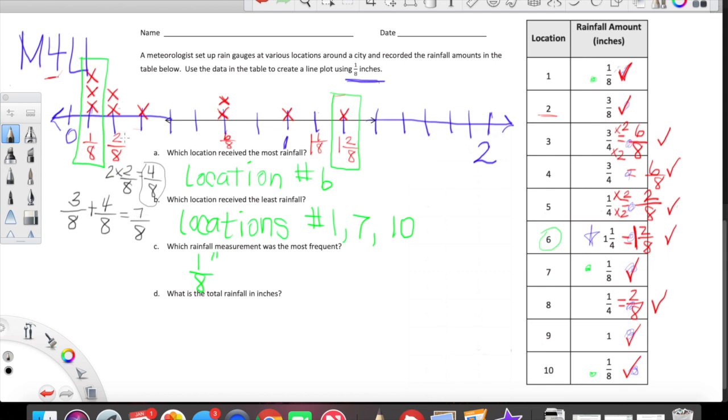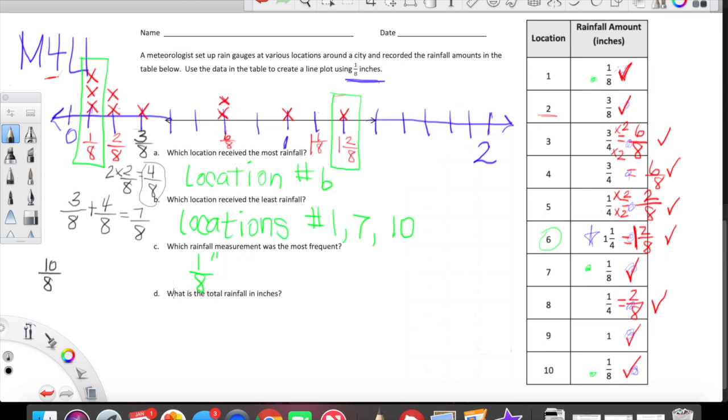Okay, now we have to look at 7/8 plus, we have 1 location on 3/8. 7/8 plus 3/8 is equal to 10/8. I'm just going to go ahead and document that so we don't forget. Okay, so we have these handled. Now we have 10/8 plus 2 copies of 6/8.